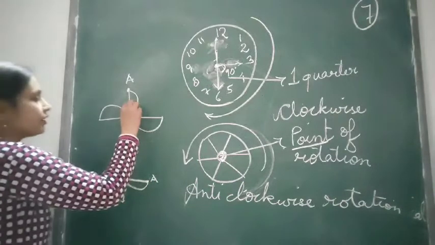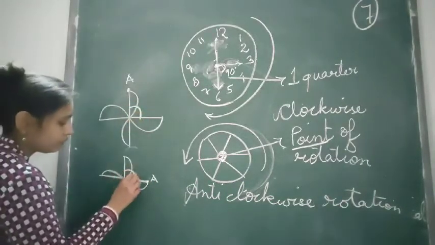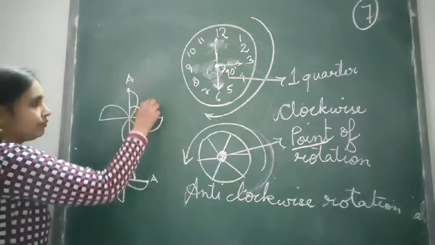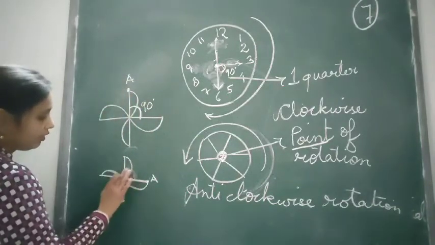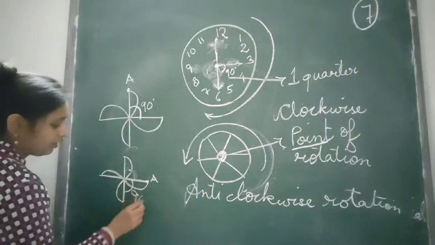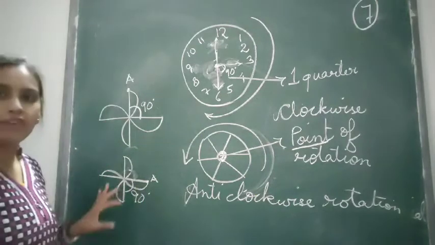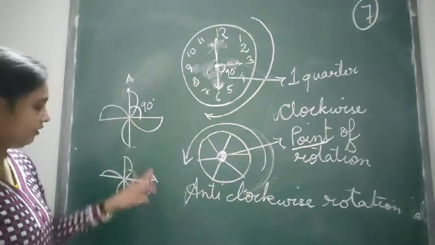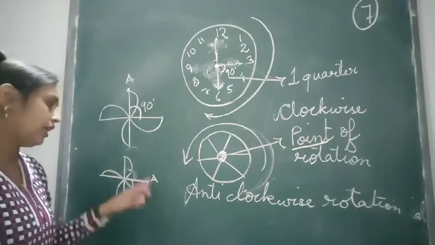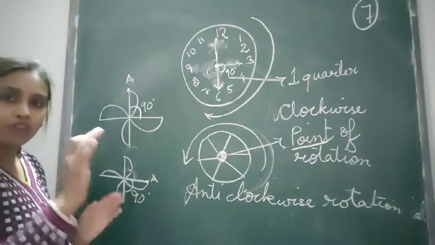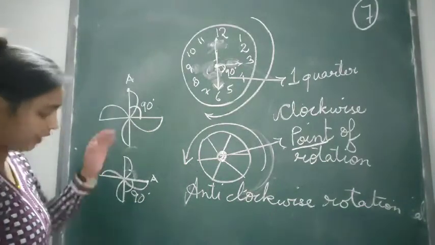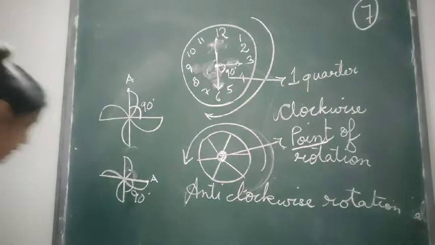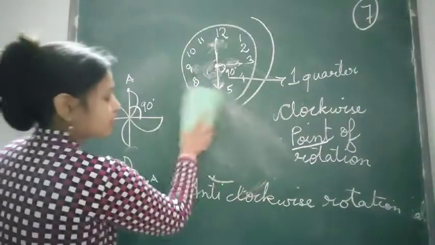Can you find any difference? No, not if we only mark a point A. Now again, if you shift it by 1 more quarter, then your windmill will be something like this.